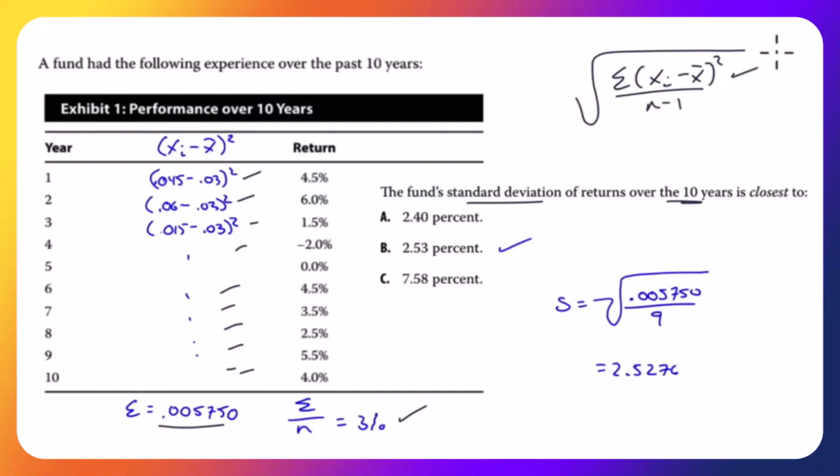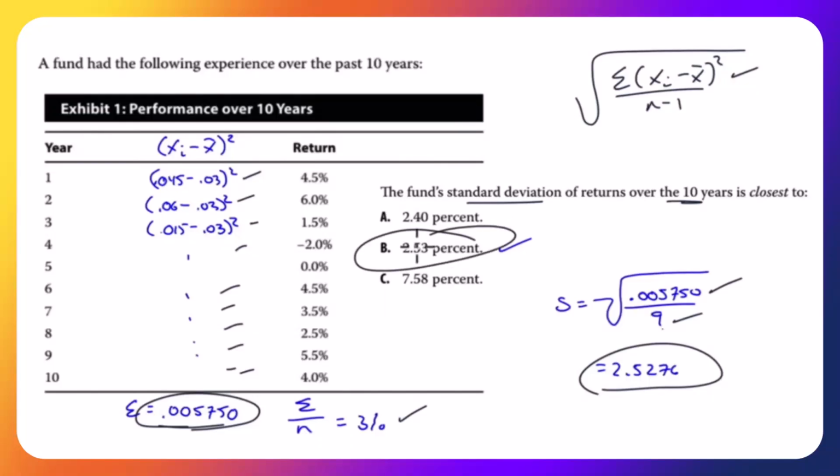So we have the sum of the squared deviations right there. Our n is 10, and it's n minus 1, so it is 9. Divided by 9, take the square root, you'll get 2.5276, or 2.53%.